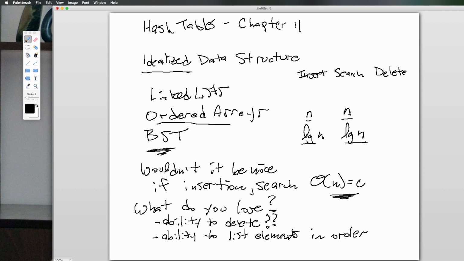Actually, if it's ordered, this is a mistake over here, this should be log n. How nice to work with a tablet. I can just stick that in there. But again, you can list things out in order. We're going to lose that ability here in hash tables, but we're going to see that that really doesn't cost us too much. The idea is that you're going to use hash tables for very specific types of applications, and we're going to learn about those in a second.